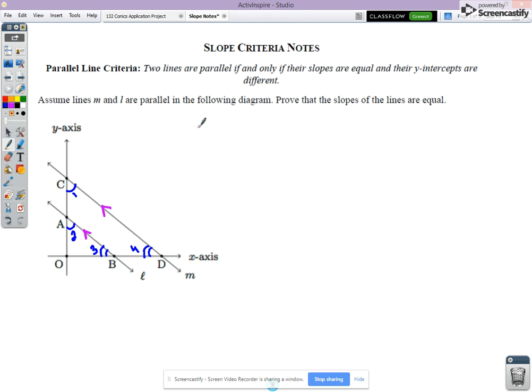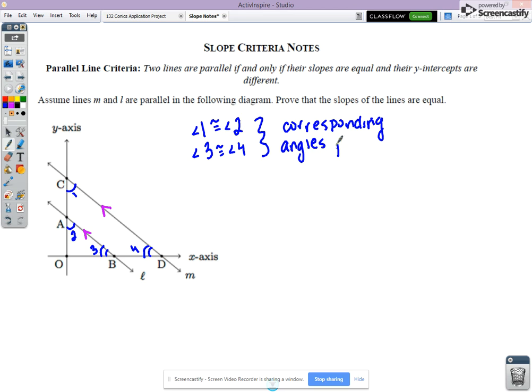So just by those lines being parallel, angle 1 is congruent to angle 2 and angle 3 is congruent to angle 4, and that's by the corresponding angles postulate. Probably thought you'd never hear that again. Again, that just says that if two lines are parallel, corresponding angles are congruent.